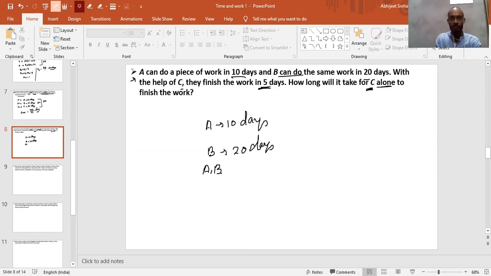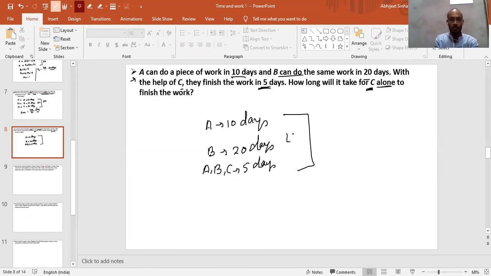Here it is mentioned that if A, B, and C all together work, they will take 5 days. Very good. Rajnandini also said 20. Okay. Waiting for some more answers. Shreya said 20. Very good.